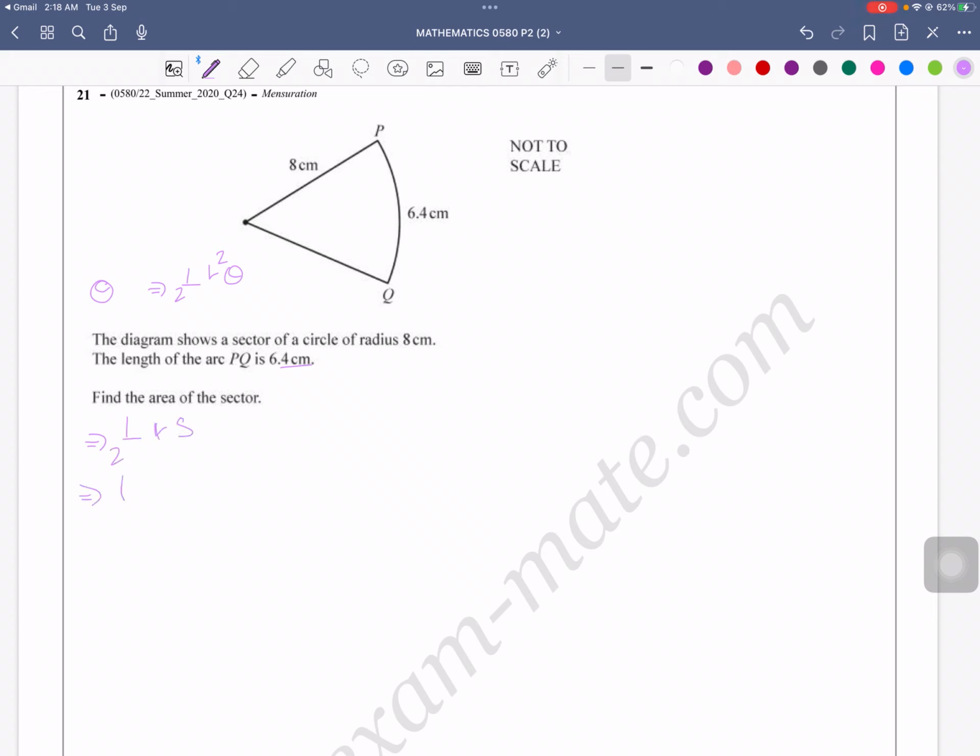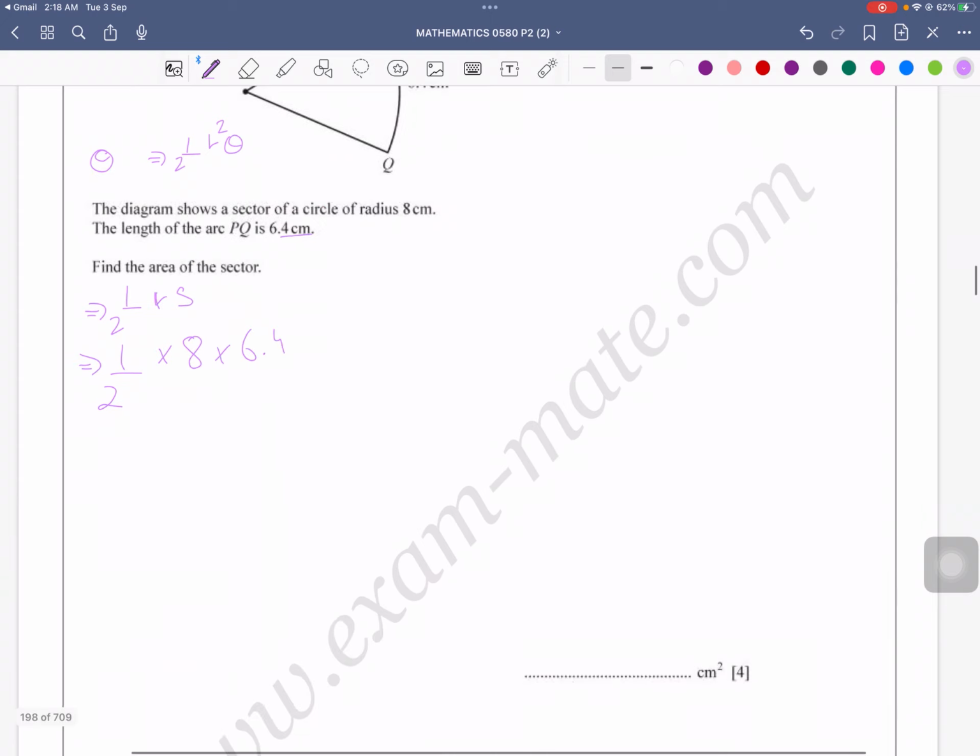So we are going to employ this formula: 1/2 into r, that is 8, into s, that is 6.4, right? And we're going to get our answer. I hope it makes sense.